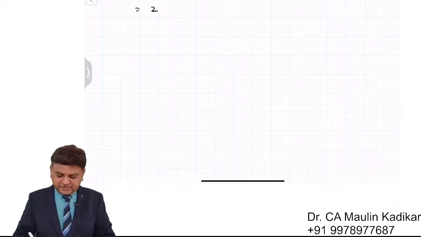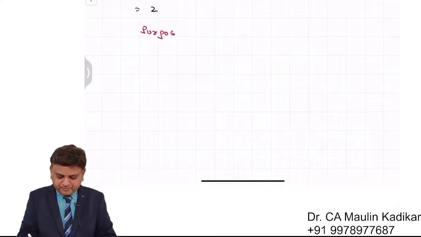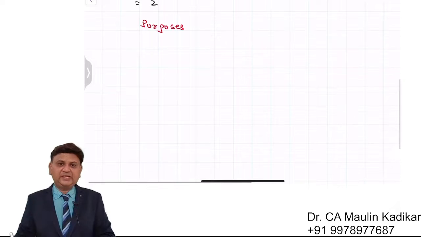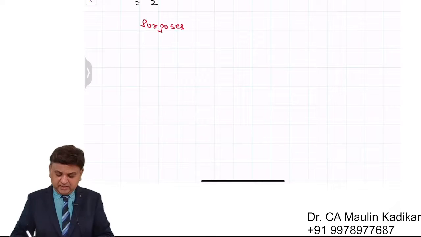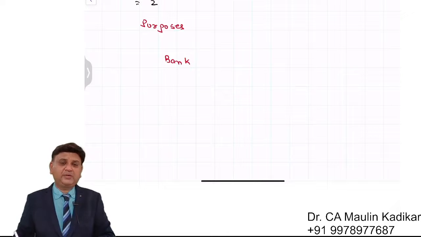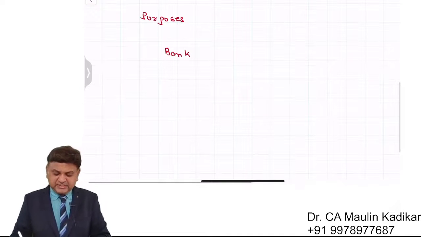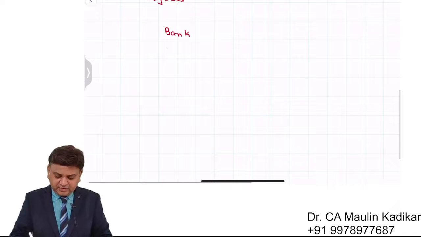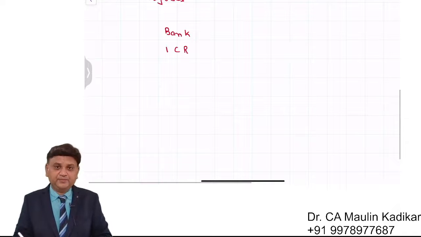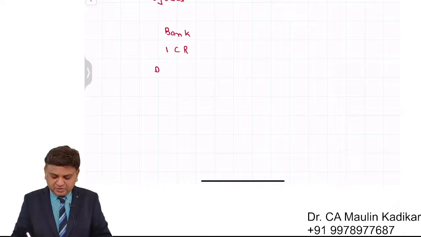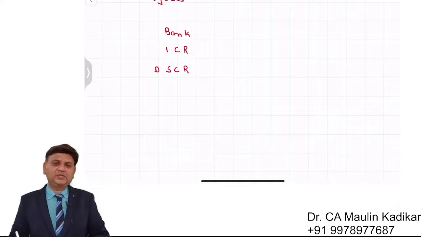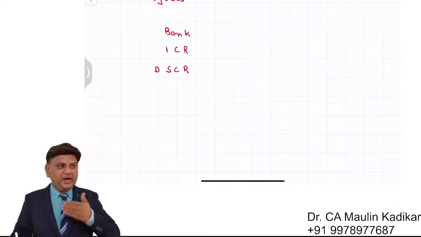There are different purposes with which you will calculate the ratio. We understand that a bank wants to decide whether to give loan to a company or not. Then in that case the bank will make the calculation of interest coverage ratio and debt service coverage ratio. Why?